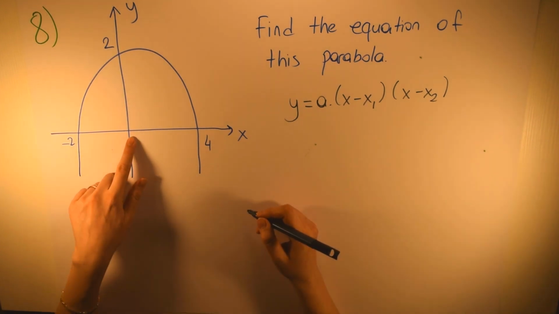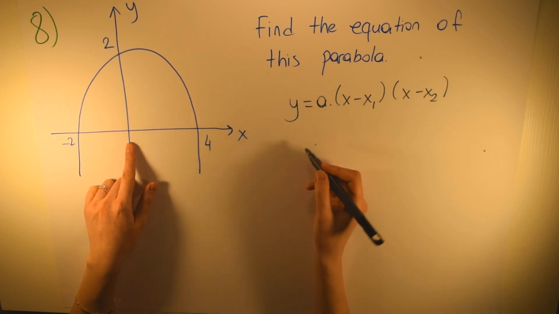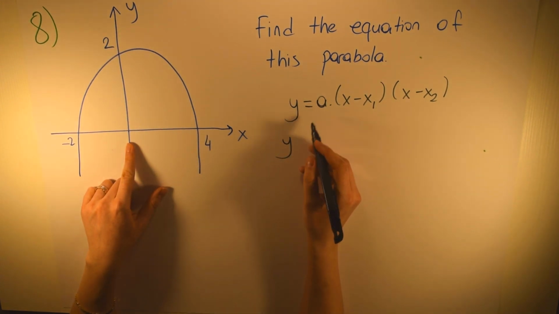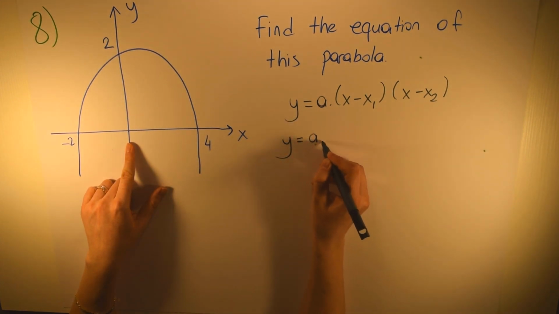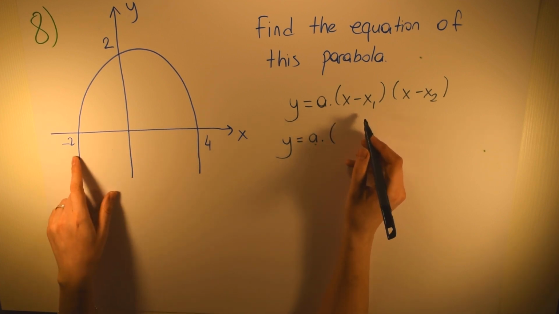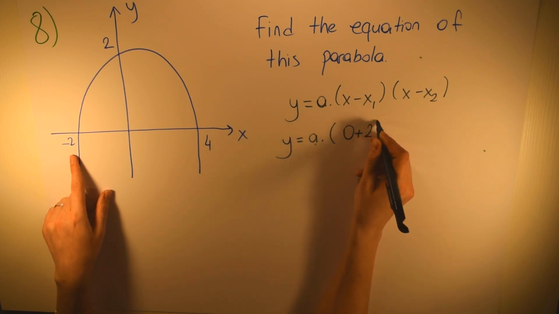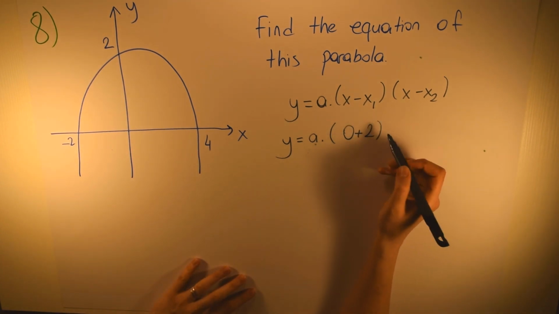So when x is equal to 0, y is equal to 2. So let's use this one to find the value of a. So it's a times x minus x1. So x1 is equal to minus 2, which means it's 0 plus 2, because it's minus 2 and it will become plus.